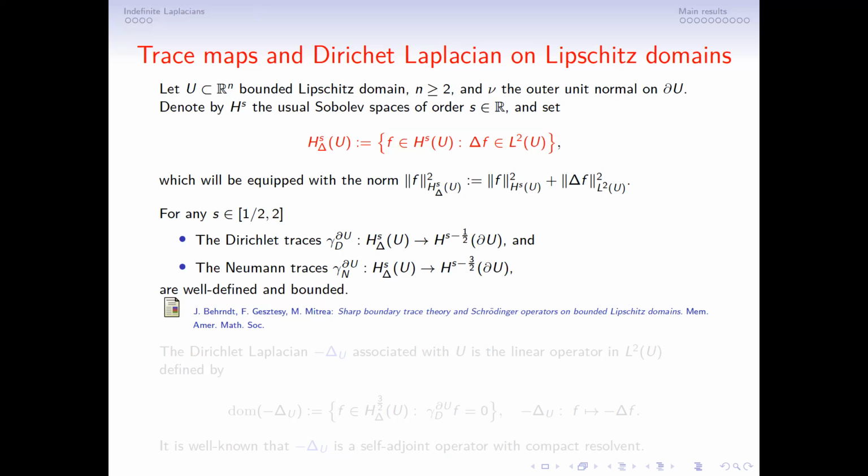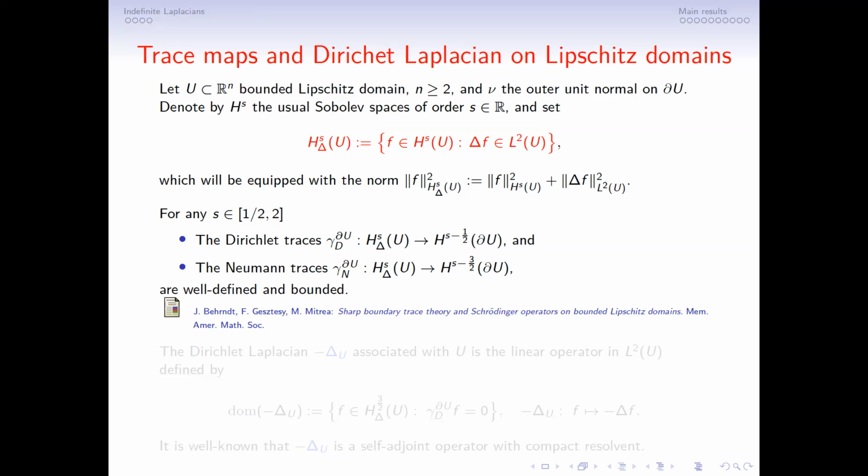And then I consider these Sobolev spaces where I'm taking f in H^s, and I assume that in the distribution sense, the Laplacian of f is in L2, and this is for s in the real line. We equip this Banach space with this norm, and in fact it is a Hilbert space.